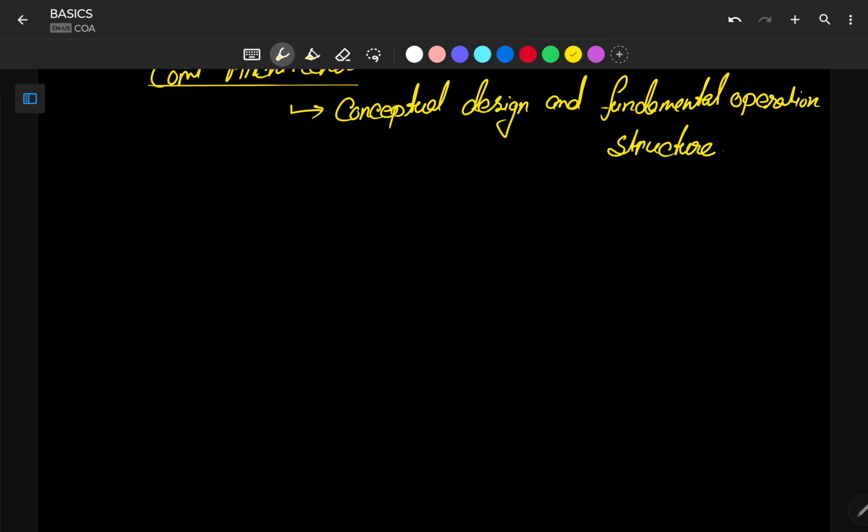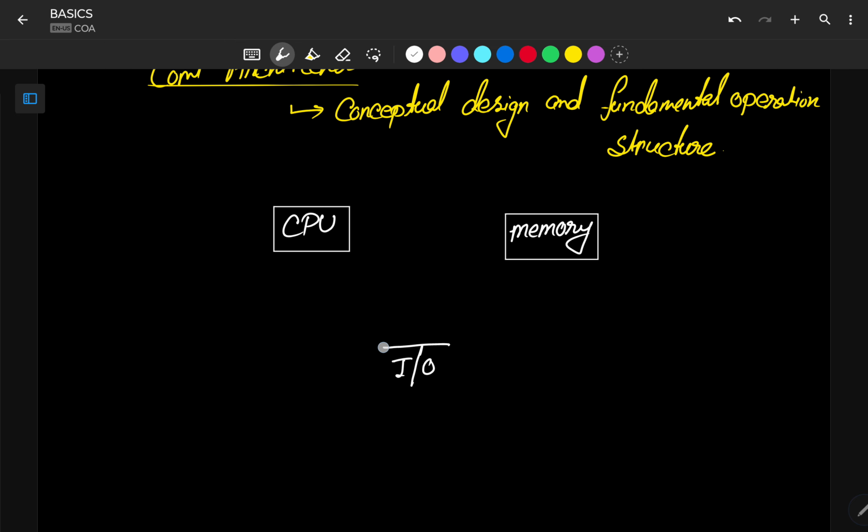In computer architecture, these are the basic things: one is CPU, another is memory, and another is I/O interface.